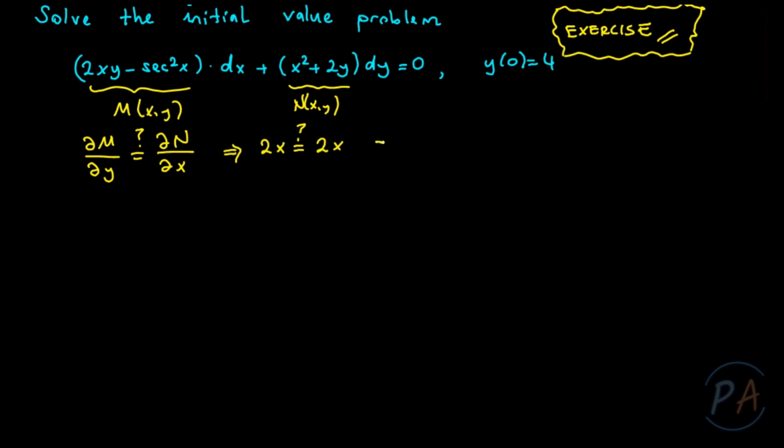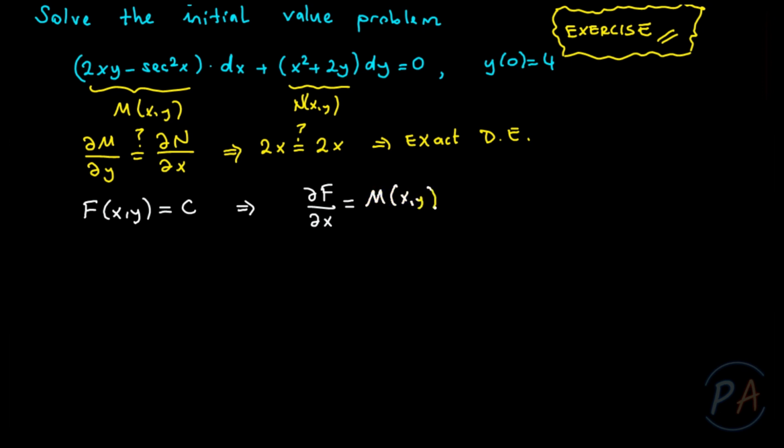So this differential equation is an exact differential equation, so it must have a solution in the form f(x,y) = c, satisfying that the partial derivative of f with respect to x is equal to M(x,y), and the partial derivative of f with respect to y is N(x,y).